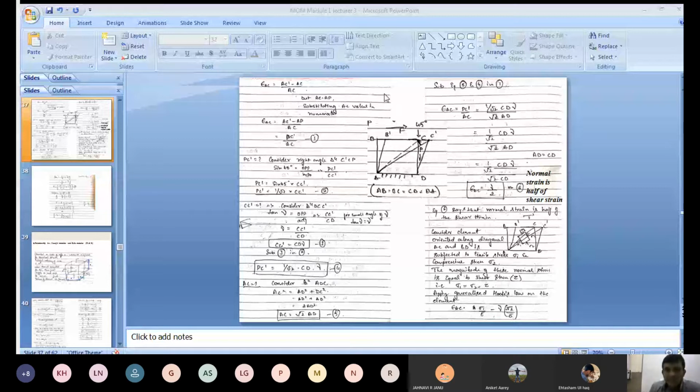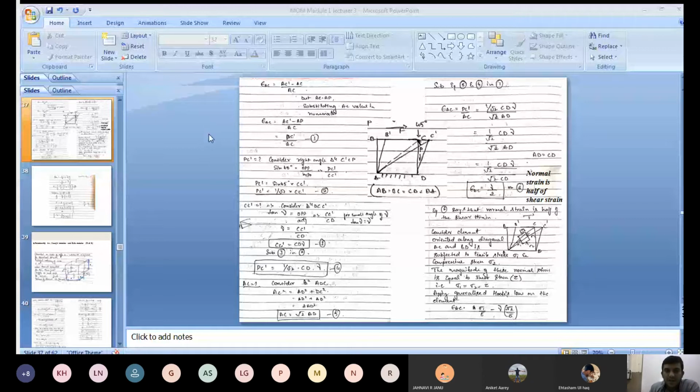I need PC'. Now which trigonometric relation do I want to operate? Sin 45 degrees. Sin theta is equal to opposite by hypotenuse.